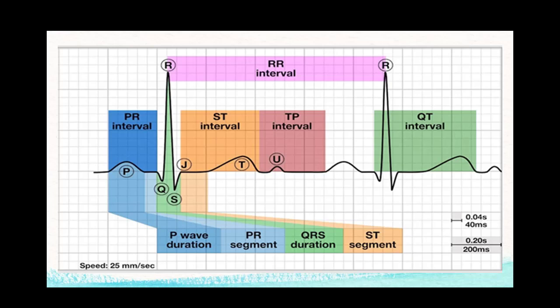And each of these intervals has a set amount of time that should be happening. So the way we count these boxes is when we look at these grids, we will have 5 little boxes within each bold grid mark.